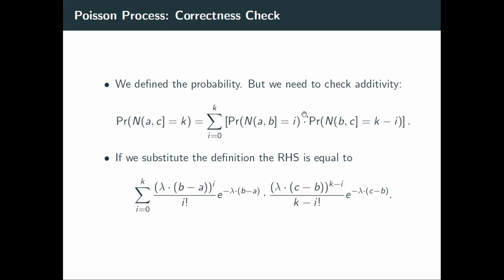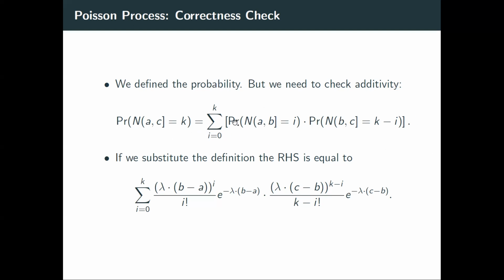Just from the definition, this induces a particular distribution of the number of arrivals from A to C. If from A to B you had I events, and from B to C you have K minus I events, in total you had K events from A to C. Therefore the probability that you have exactly K events from A to C is this sum.